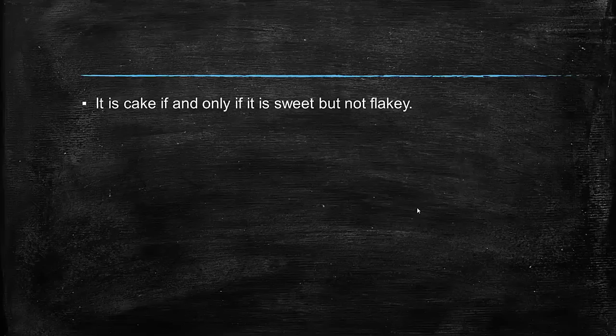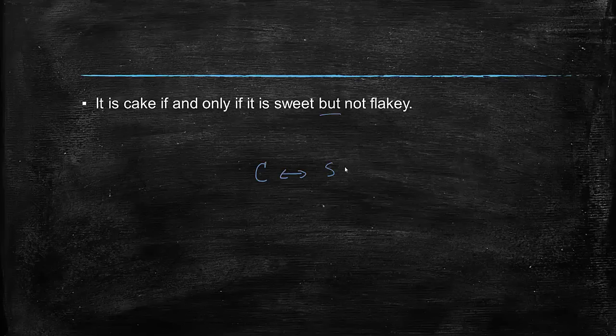If it is cake if and only if it is sweet but not flaky. It is cake if and only if it is sweet but not flaky. Now, interestingly, in logic, but just means and.